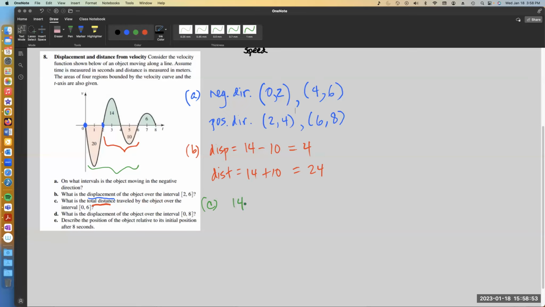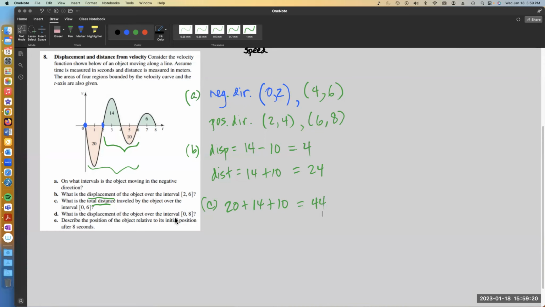Whoops, I put the 14 first. I should be putting the 20 first, I think. So distance traveled will be just the sum of all these areas. And I think, did I hear that number 44? Yeah. So that's distance traveled on the interval 0 to 6.